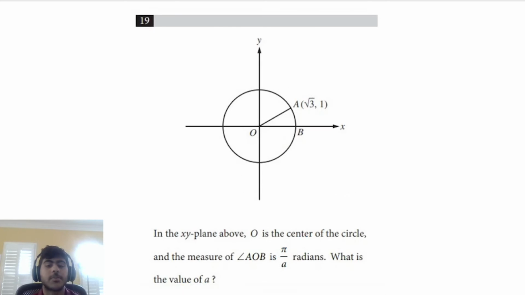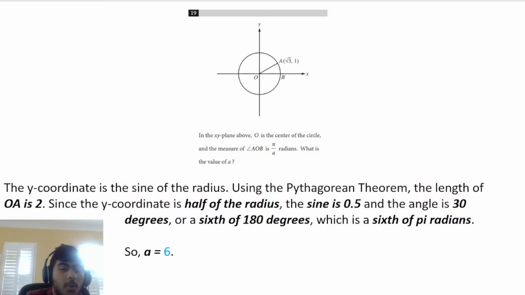All right, next one. In the xy-plane above, O is the center of the circle, and the measure of angle AOB is pi over a radians. What is the value of a? Well, the y-coordinate is the sine times the radius. Using the Pythagorean theorem, the length of OA is 2, because the square root of 3 squared plus 1 squared is the square root of 4, which is 2.